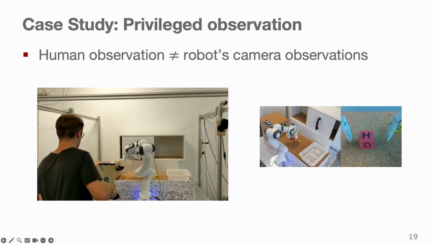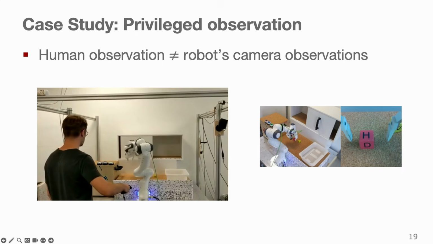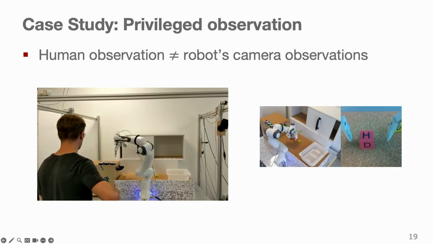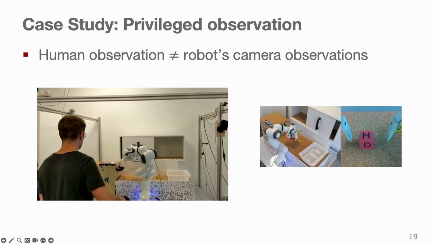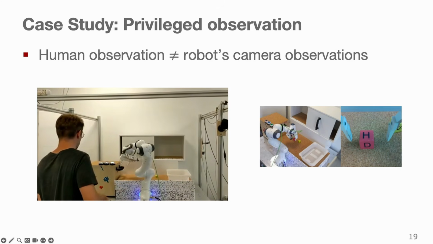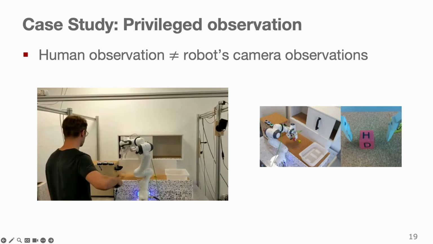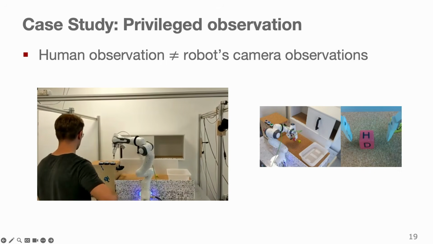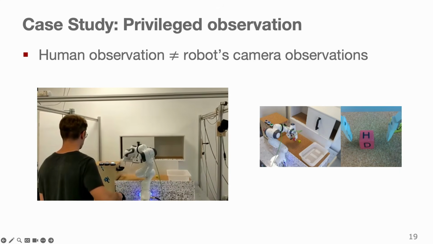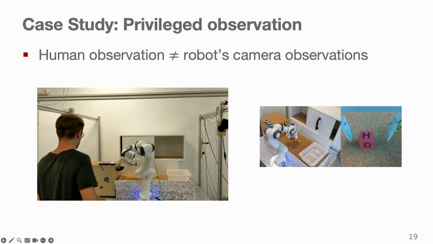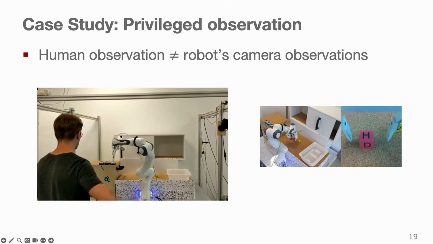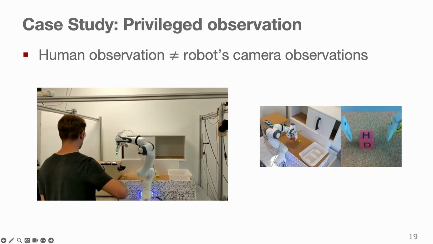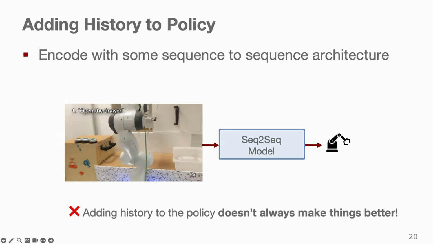It's very different because with these camera observations there are many more occlusions, for example, that might affect how you behave, than for the human here who can also move around and see more, and this will then lead to different decisions than if you teleoperate just looking at the same observations that the policy is seeing. So we also use the last n frames maybe when we are teleoperating this way.